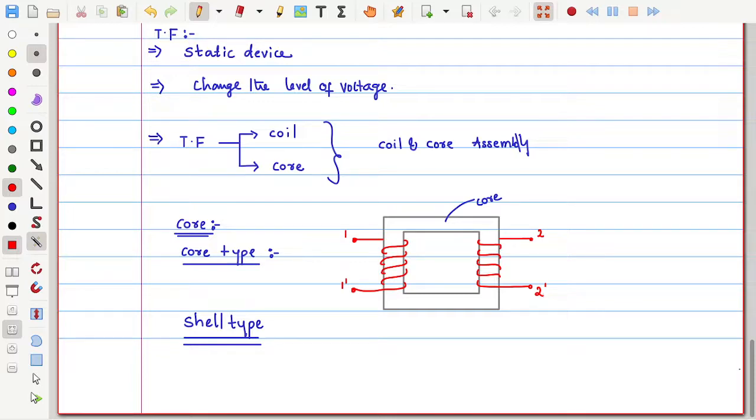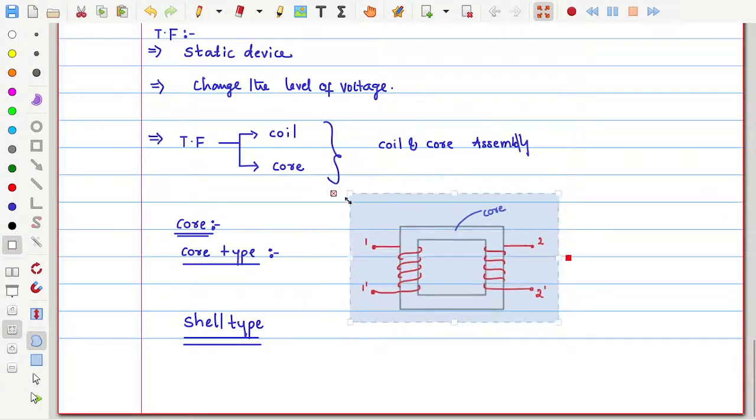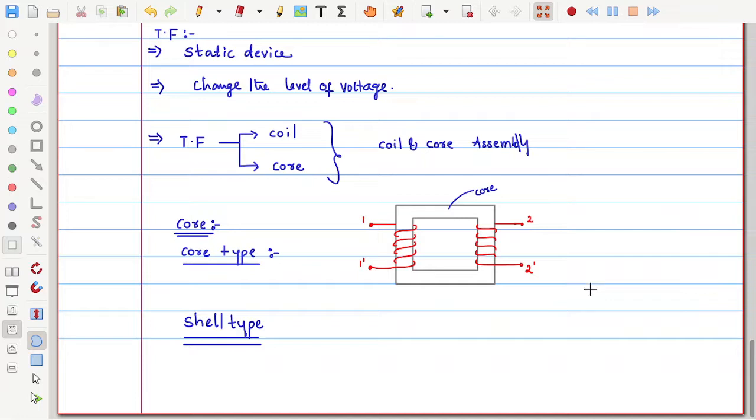Let me take the other type, the shell type. Here itself let me show the difference, then you will get a better understanding.